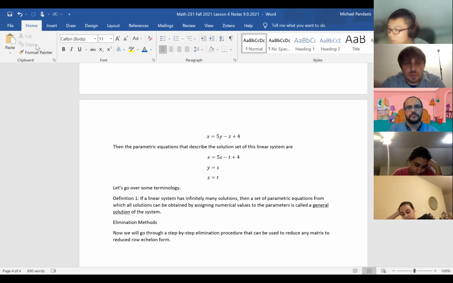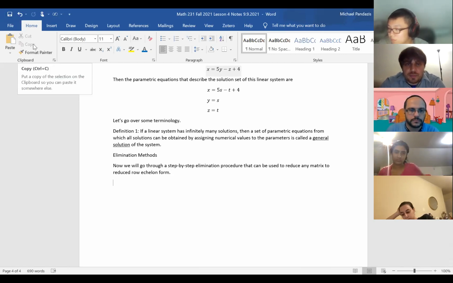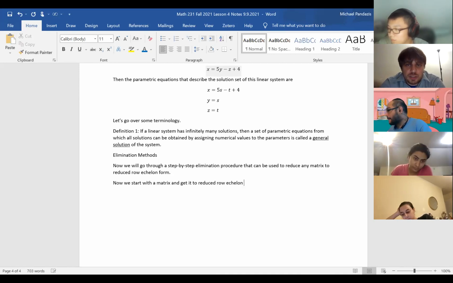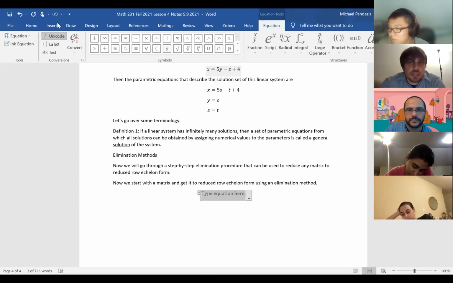Okay, so what we're going to do now is start with a matrix, and the goal is going to be to get it in reduced echelon form. So now we start with a matrix and get it to reduced row echelon form using an elimination method. Okay, so let's look at this matrix here.